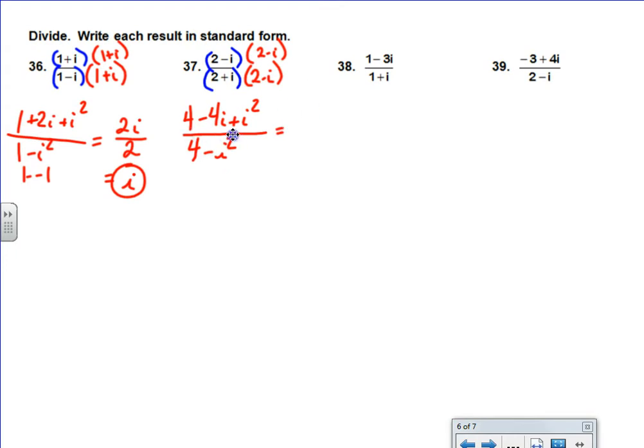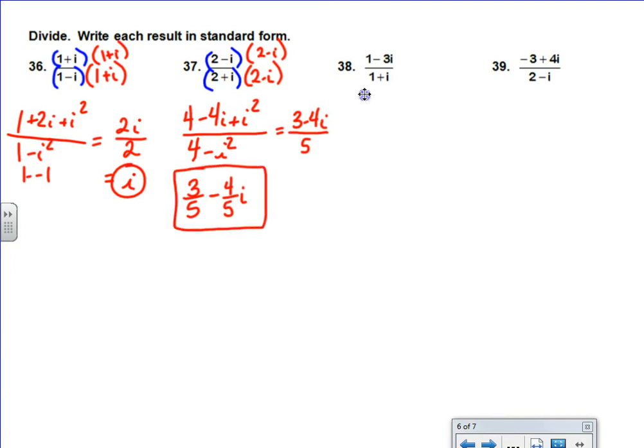And then I'm going to see 4 and later on a -1, which is a 3 minus 4i, all over 4 minus -1, which is a 5. Now, standard form needs to be an a plus bi form, so you're going to have to take that 5 and distribute it under both terms in the numerator, and that is the answer they're going to be looking for.